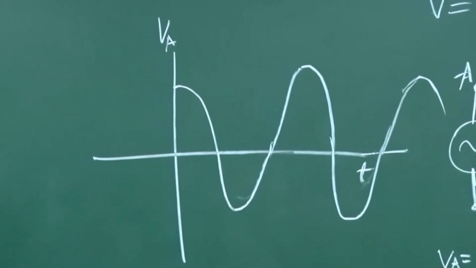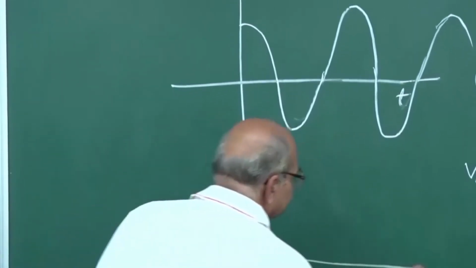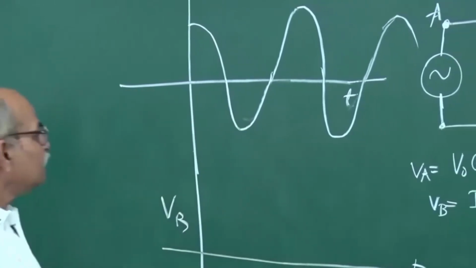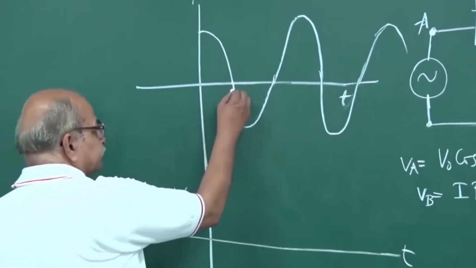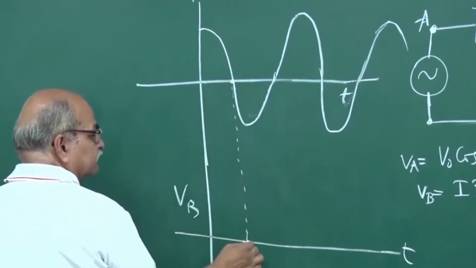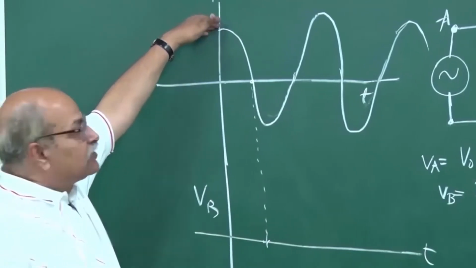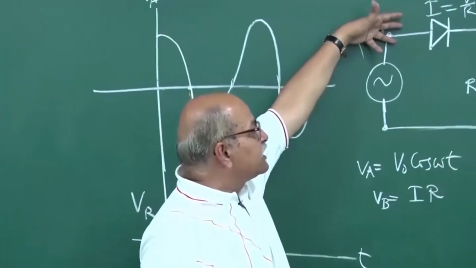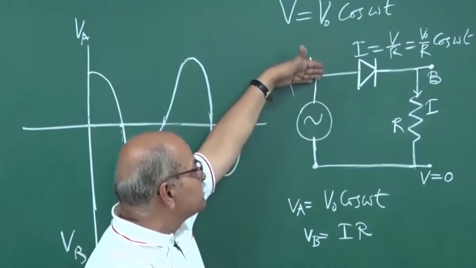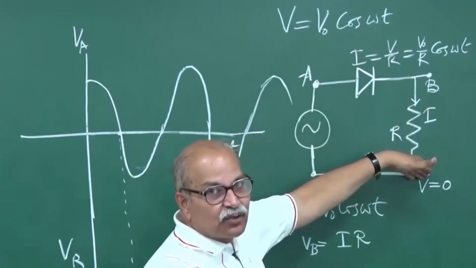Now with the same scale, let me draw VB as a function of time. Till this time, VA is positive. So the P side is connected to a positive voltage, and the N side is connected to the 0 side.